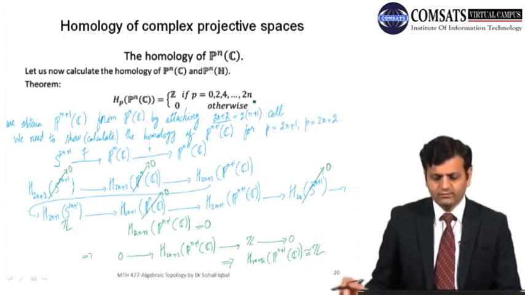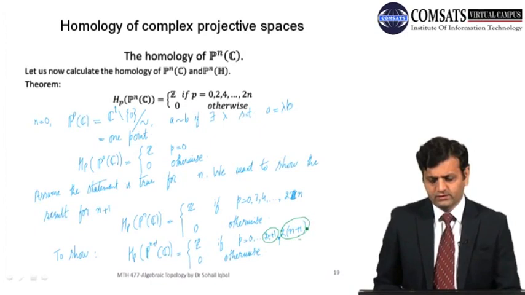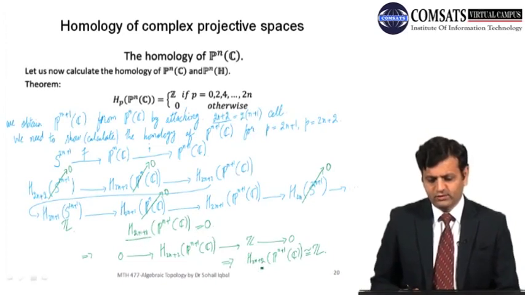So once again, what we needed to calculate was the homology of this n+1 complex projective space for these two values, 2n+1 and 2n+2. We have calculated the homology: this is the homology when p is equal to 2n+1, and this is the homology when p is equal to 2n+2.